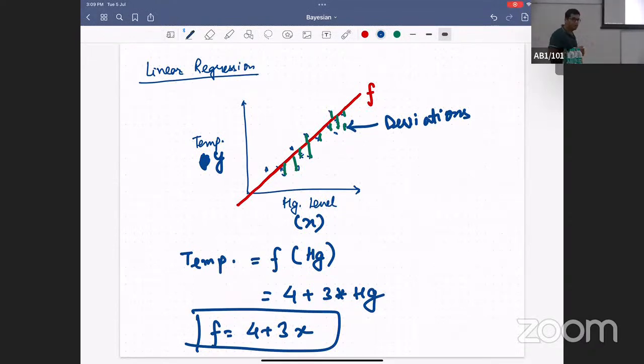So then what do we write y as? How are y and f related? Y equal to, okay, let me tell you, y equal to f plus something. F plus noise. What kind of noise? Deviations. Yes, f plus deviations, but then you need to write deviations as something mathematical.